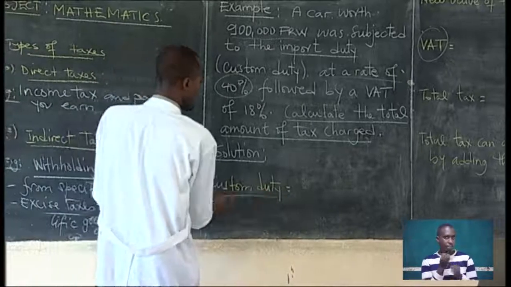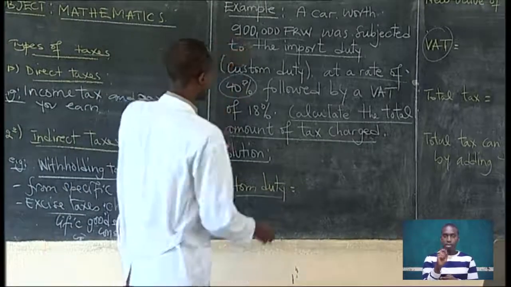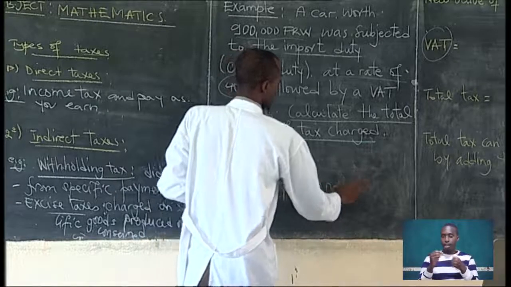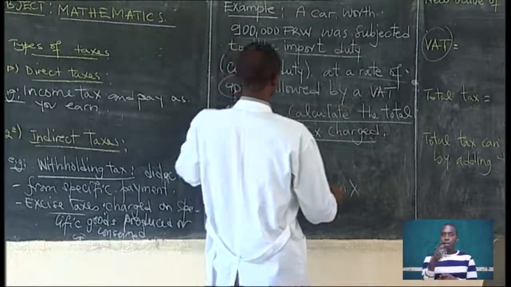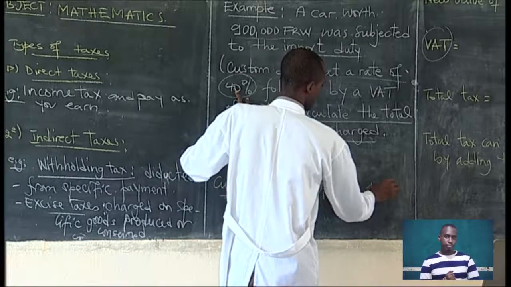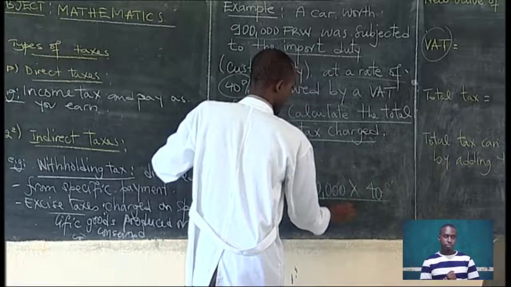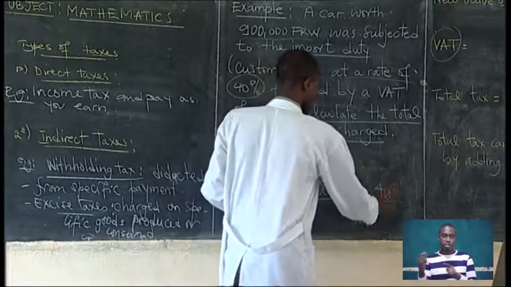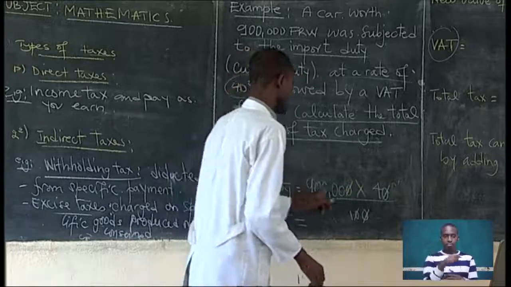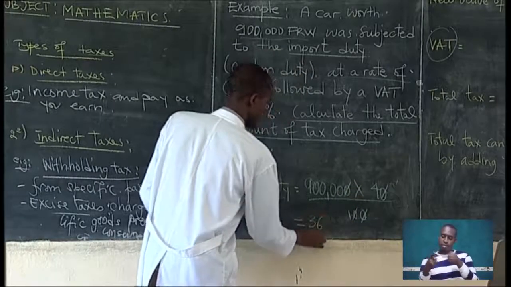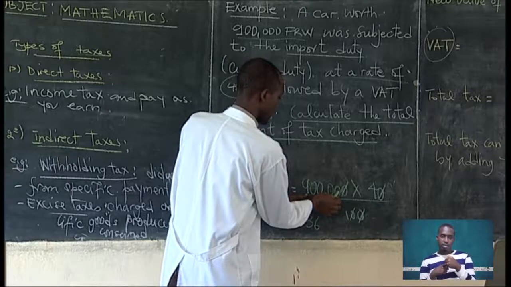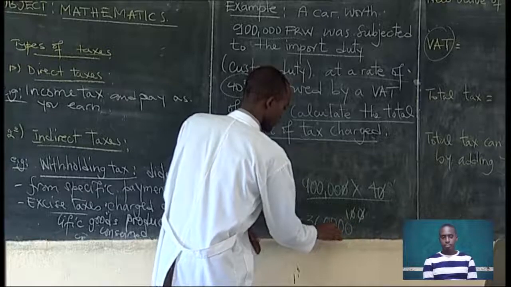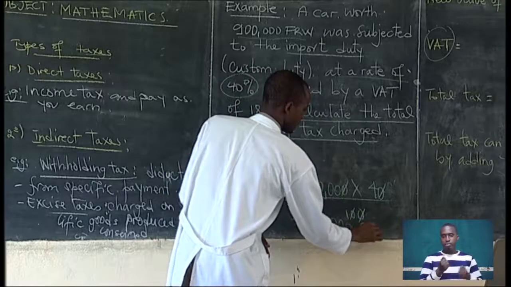So to calculate the custom duty, we take the money of this car, that's 900,000, and you multiply by the custom duty of 40%. We actually calculate it at 40%. You divide by 100. If you work on this, this one goes and this one goes over there. This is 36. And you add the zeros that you have: 1, 2, 3, 4. We have this in Rwanda francs.